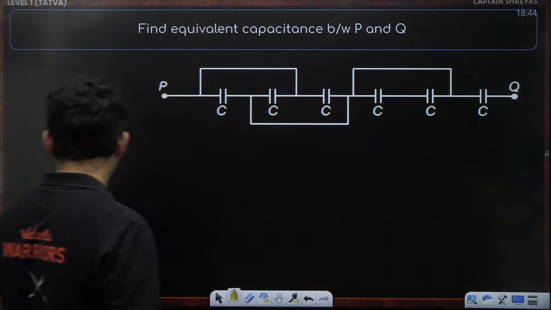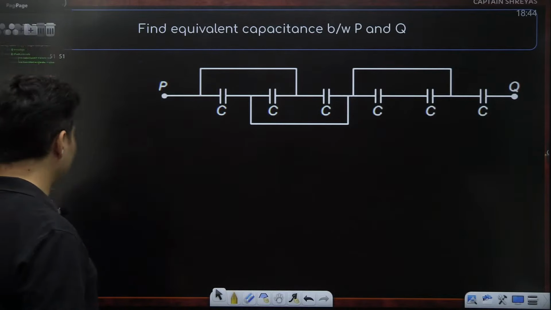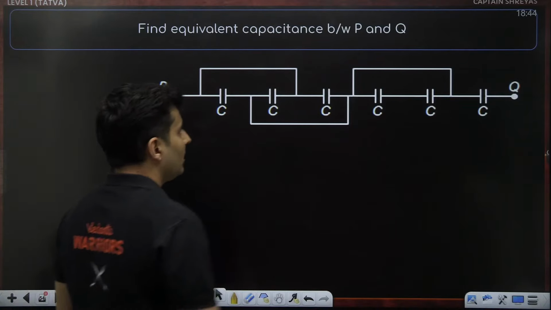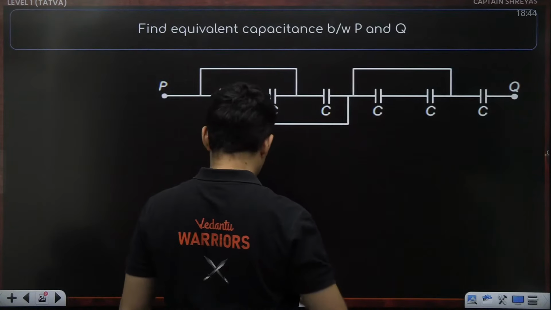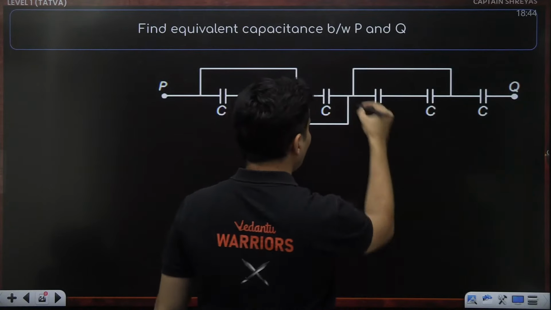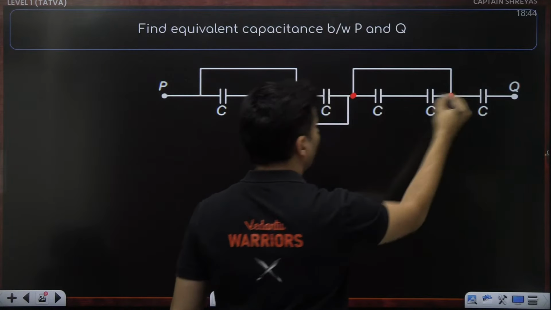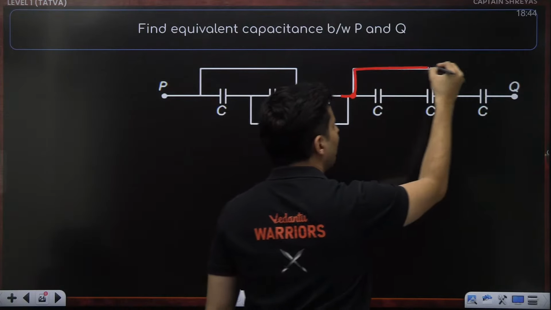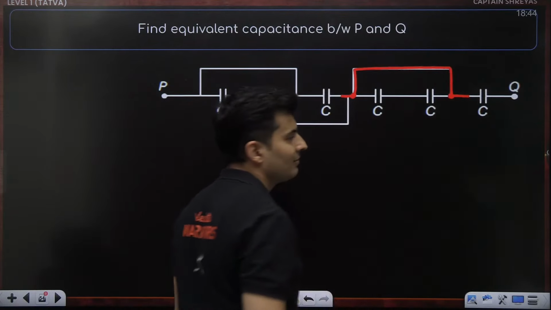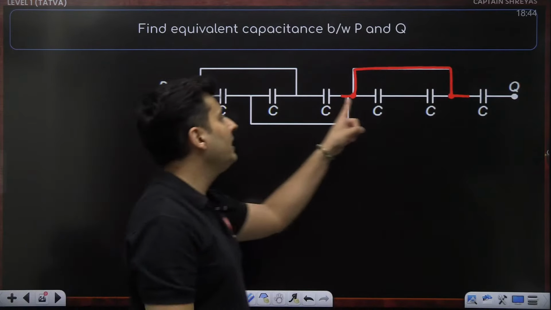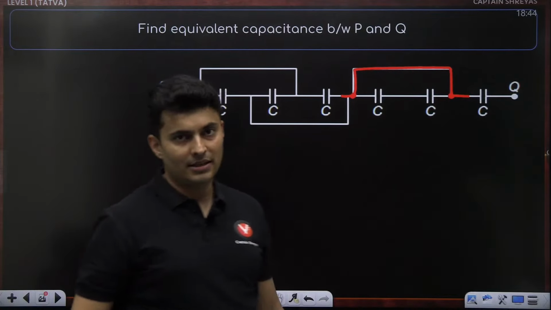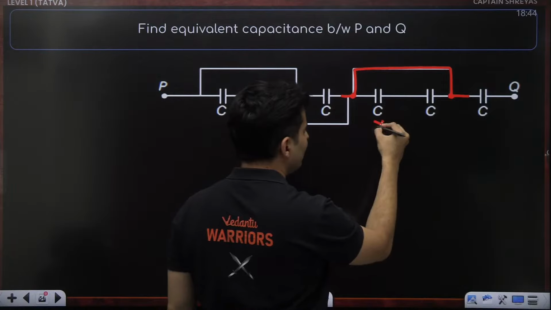In this particular problem, there are a few things which are very obvious. Let me tell you what. Check this out. This point and this point have the same voltage. So all the current can completely bypass from here. There is no need for it to go here because complete current can be bypassed here. So what is the use of these capacitors?